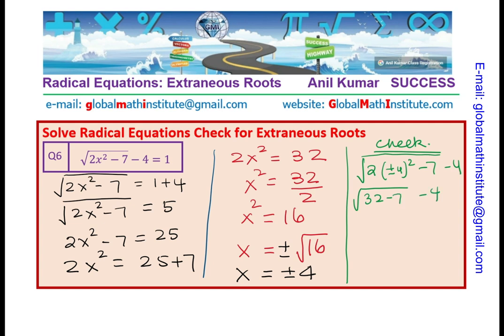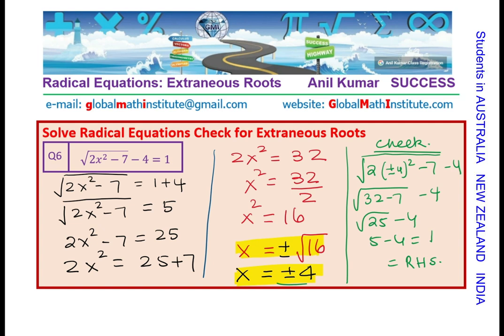And 32 minus 7 is 25, square root is 5, minus 4, and that gives me 1, which is equal to the right hand side. So we see that both are the right solutions, and therefore for this equation our solution will be x equal to plus or minus 4. Is that clear to you? So that is going to be the solution for question number 6.